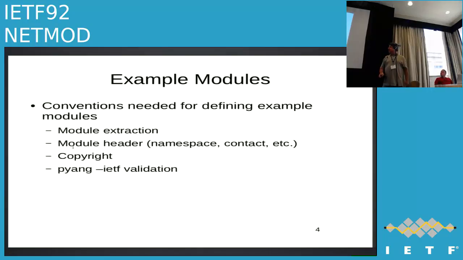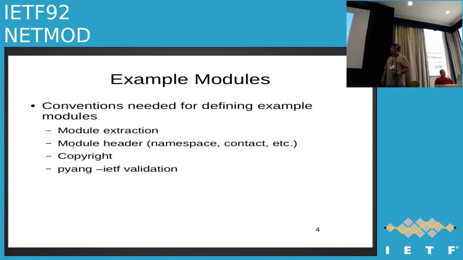This is some discussion on YANG doctors. I don't think there's any controversy here that we should have some guidelines on how to put an example module in a draft. I put copyright on the list here because I'm not sure what the convention should be if the full IETF Trust copyright needs to go in example modules or not.